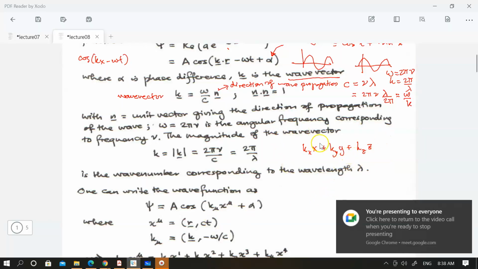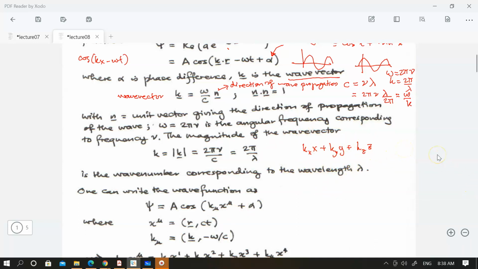Okay, so this will give you the k dot r thing, but now the fourth component, you remember, if you want to make sure that your fourth component has a spatial dimension, that requires us to have your time multiplied by c. Okay, but you don't have c over here, so that means I will need to put omega over c, and then that will cancel off, and then you get your k dot r minus omega t.